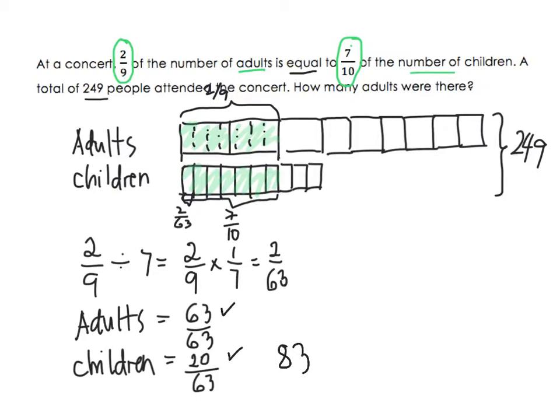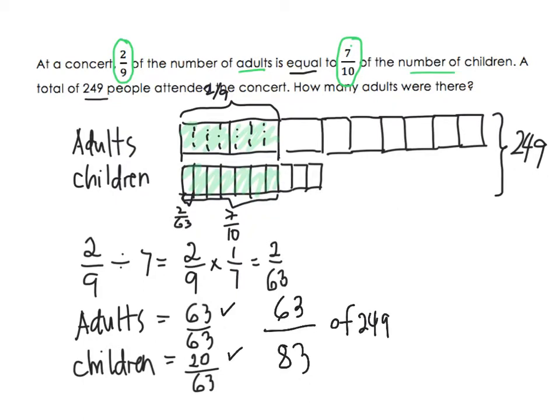And we know for fractions that if you want to represent the adults in the total number of concert attendees, you have 63 out of 83. And now we can use multiplication of fractions this time because we want to solve for 63 over 83 of 249.